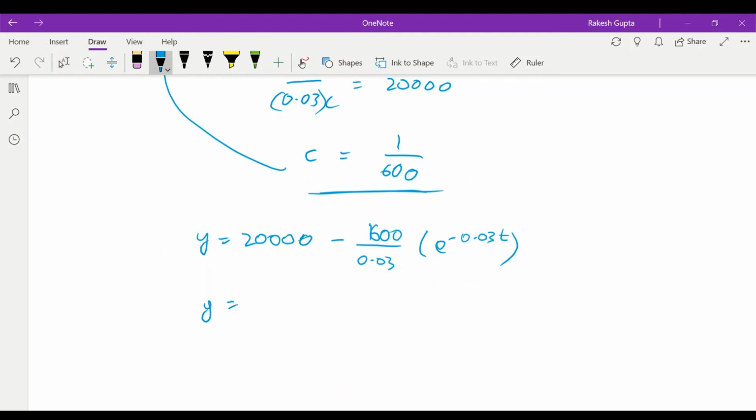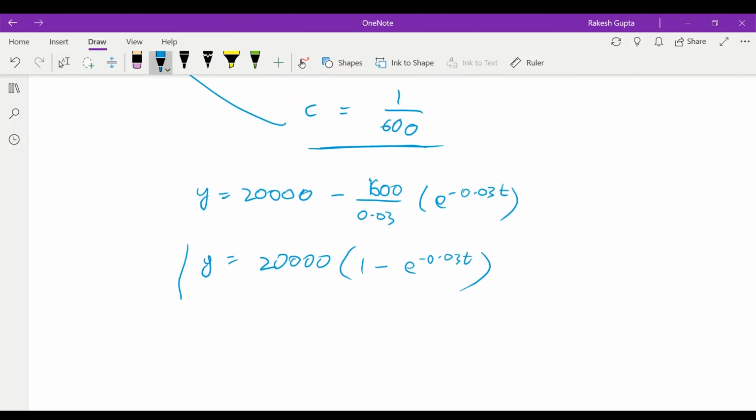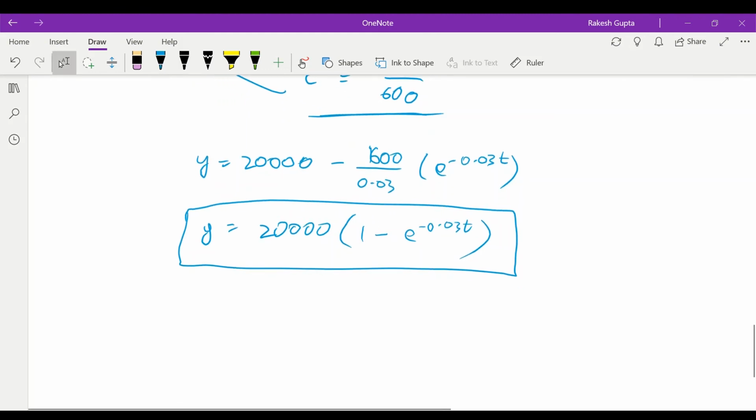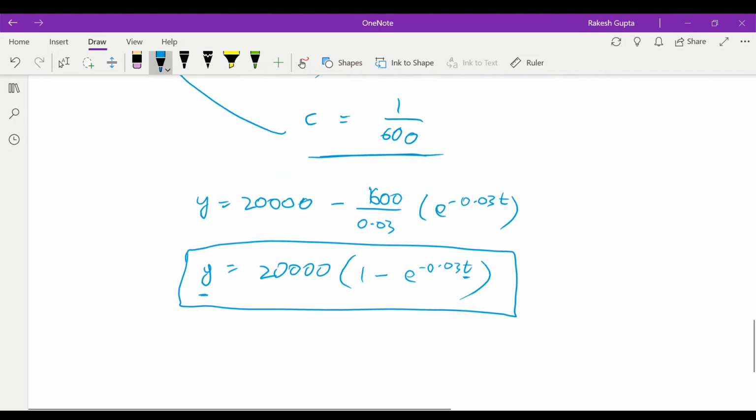I'm just going to take 20,000 common over here. So this is our final equation of the concentration of fresh air present for any time instant t without any constant of integration.